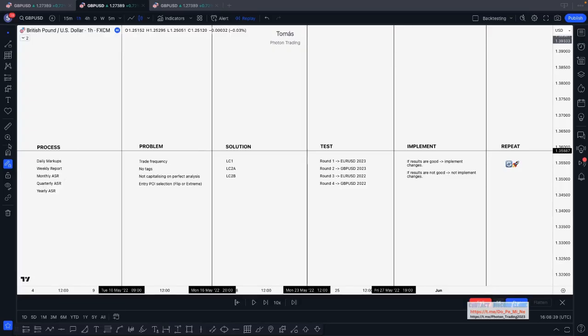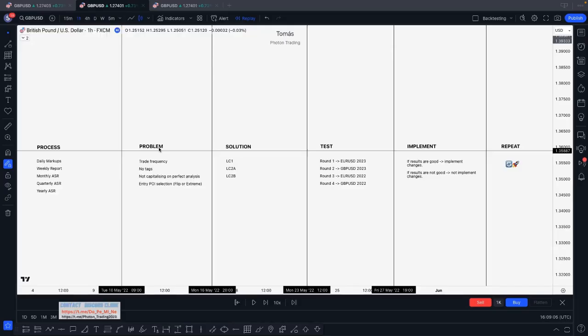Okay guys, so let's now talk about what happened. The problem, right? I don't like the word problem, because it's not something that will make the strategy stop working.